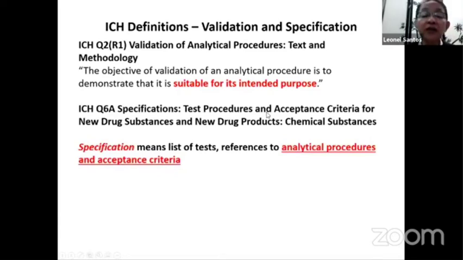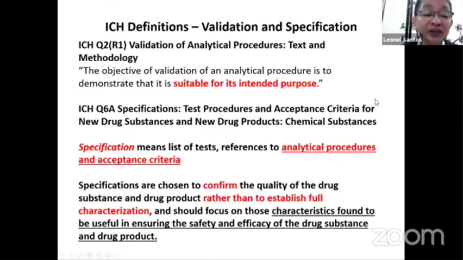But I wanted to clarify a terminology called the specification. Specification refers to the analytical procedure and acceptance criteria. Many people refer to specification as the acceptance criteria only. It has to include the analytical procedure and acceptance criteria together.